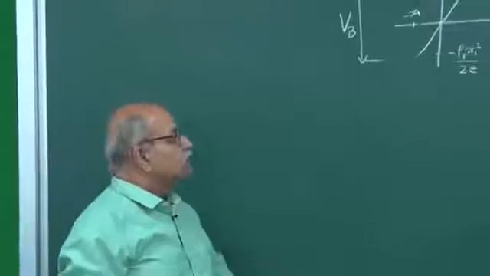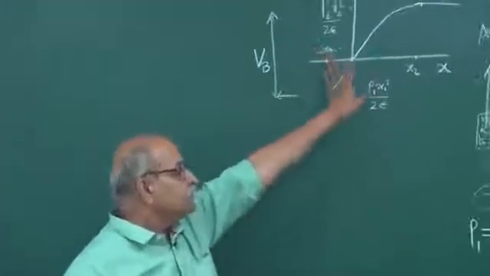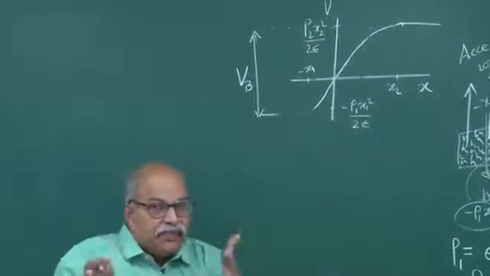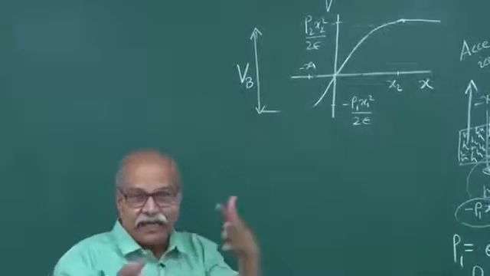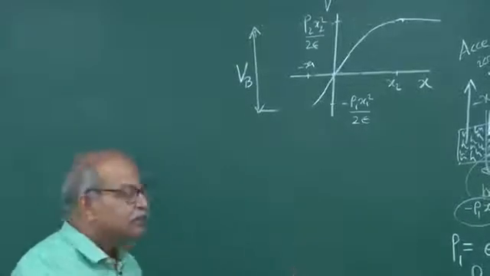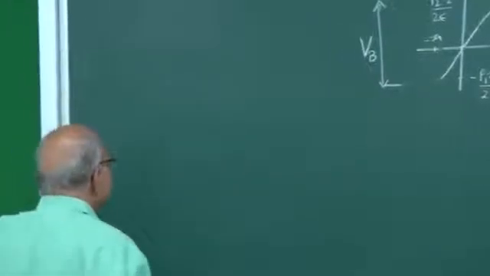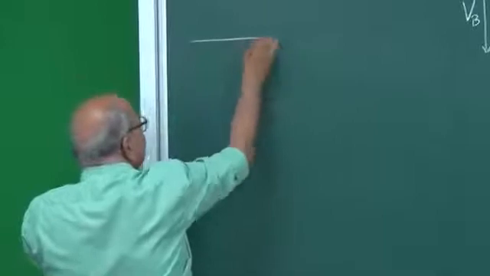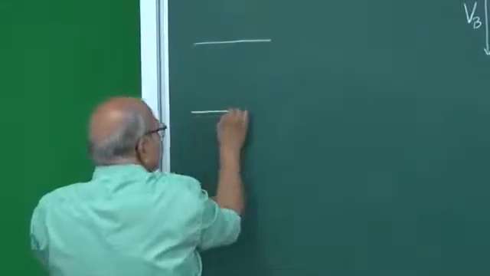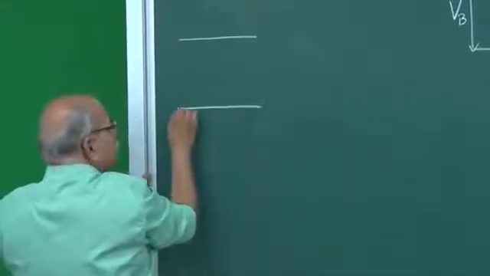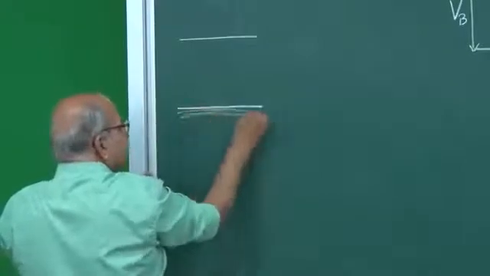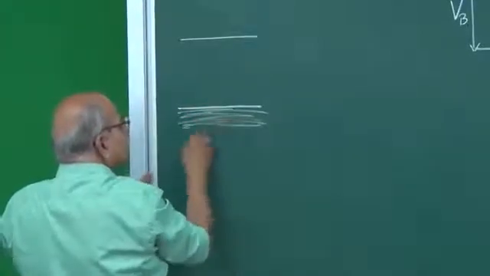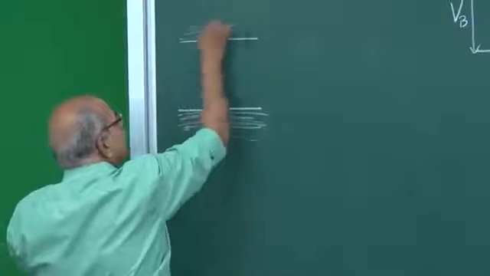So if there is no potential difference, you only have a p type semiconductor and n type semiconductor in the same original material, then the conduction band is here, the valence band is here, all these energies are valence band energies, all these energies are conduction band energies.